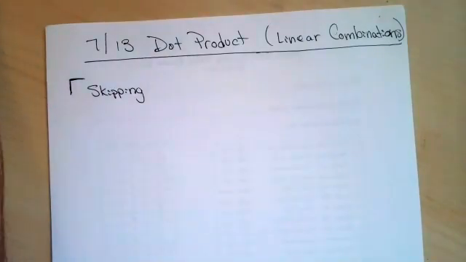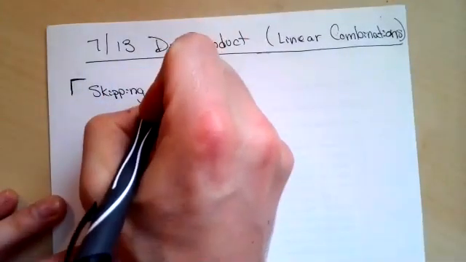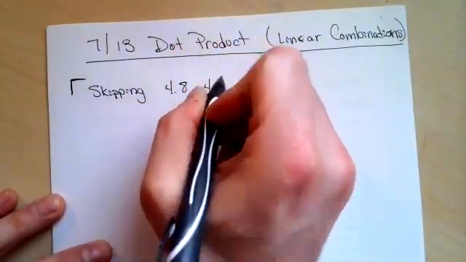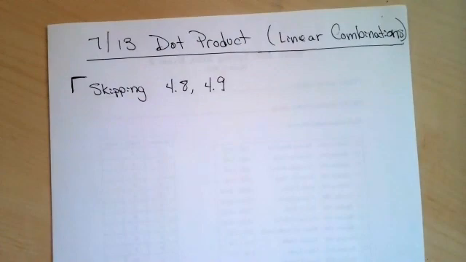Let me check the sections. It's 4.8 and 4.9 in the book. So 4.8 is planes.